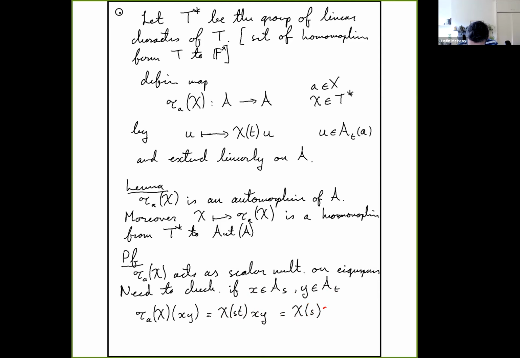So this equals chi(S) times chi(T). But now we see chi(S) times x and chi(T) times y. So this is exactly tau_A(chi)(x) times tau_A(chi)(y). Maybe I should put brackets in there as well. So what we've done here is we've shown that this tau is an automorphism.